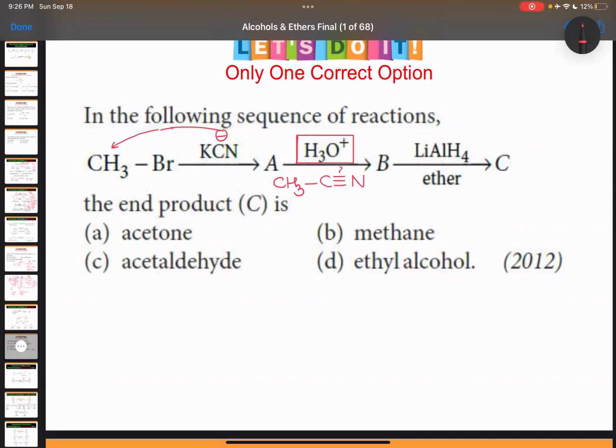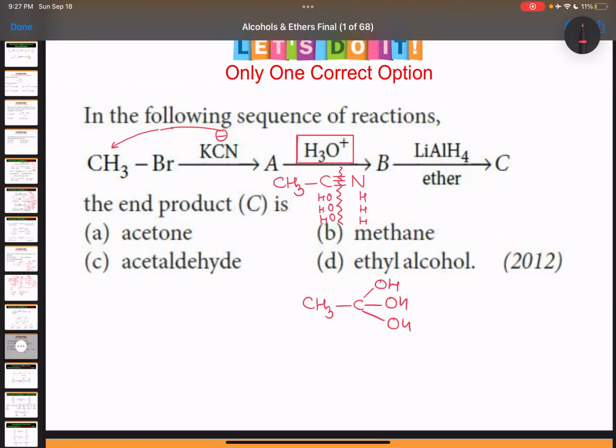A small trick I am going to tell you: there are 3 double bonds, so you can put 3H and 3OH. Is it clear? This is a quick trick. Yes, sir. So CH3, C, OH, OH, OH.